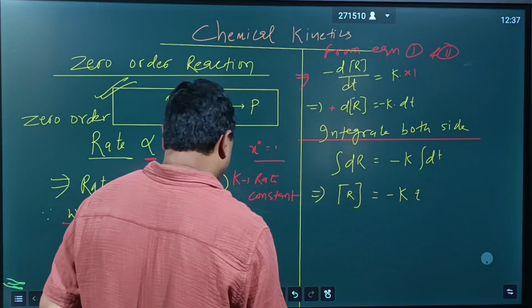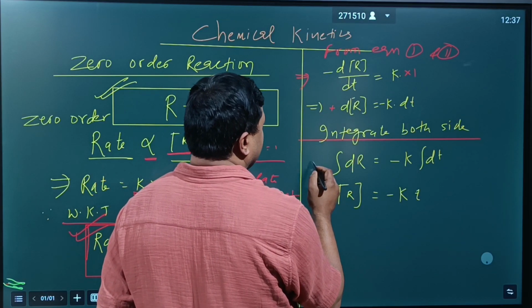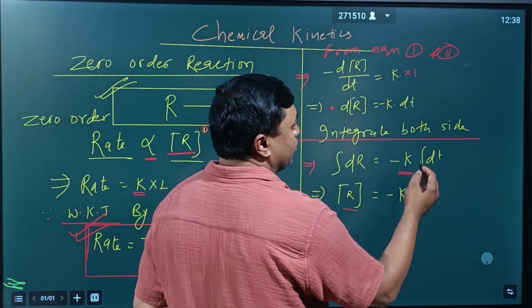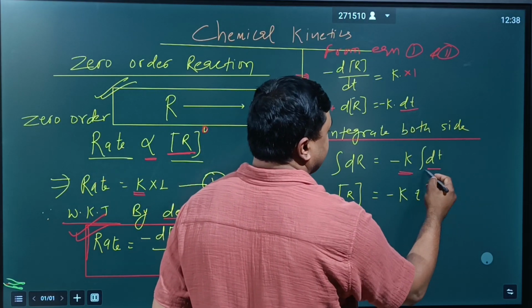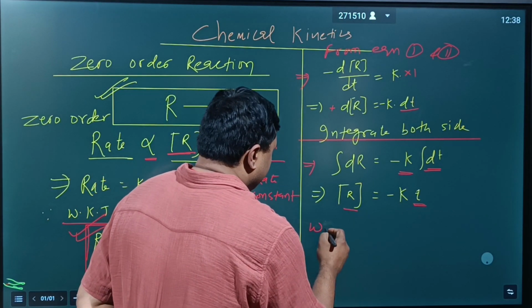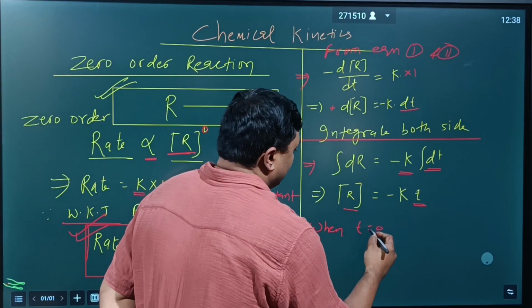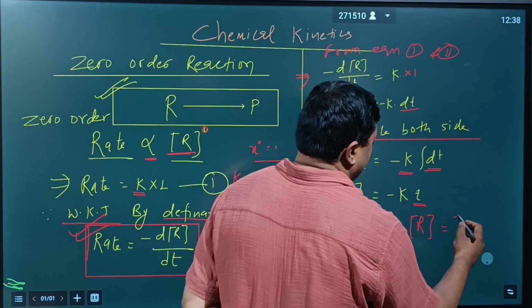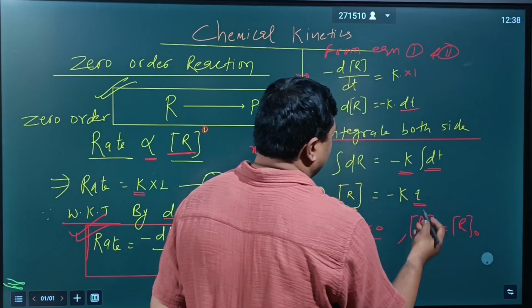Once you integrate both sides, integration of dR is R, whereas K is constant, we can take it out. Integration of dt is t. Now, whenever t is equal to 0, in the beginning, let's take the concentration of reactant as R naught. Substitute this value.